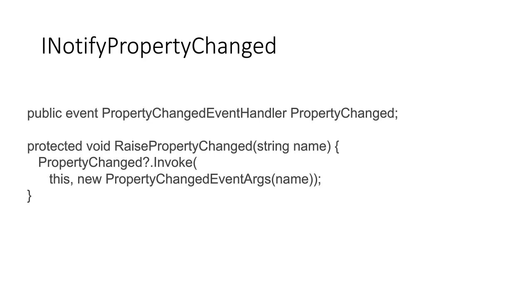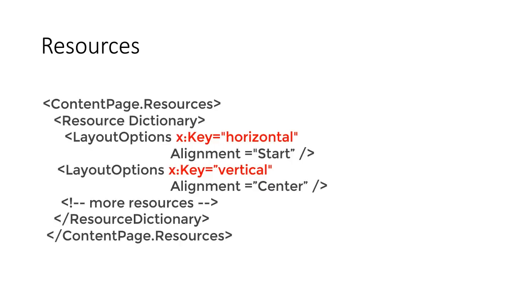Any page can create a resource dictionary. Resources are reusable bits of XAML. For example, here we see a resource dictionary that has two layout options. All resources are key value pairs. The key for the first is horizontal, and its value is that the alignment is start.